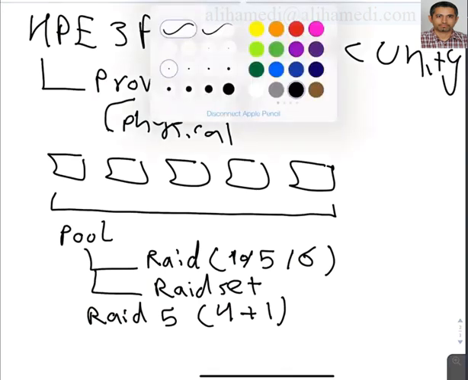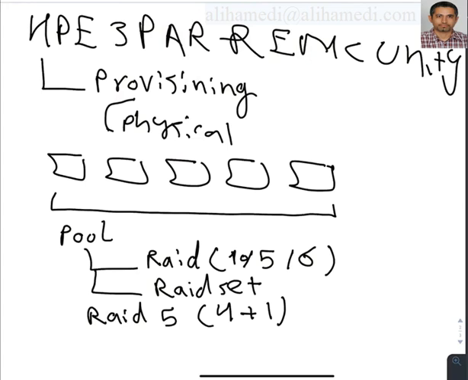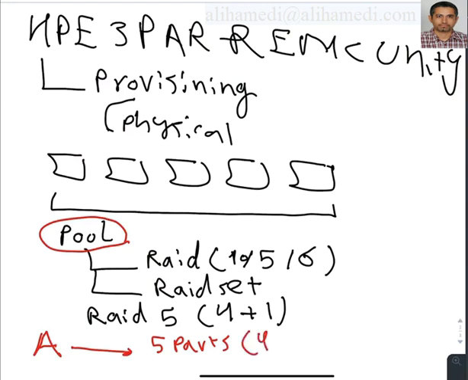This means in this pool, if we want to copy a data block, for example data A, it will be divided into 5 parts: 4 as data and 1 as parity.